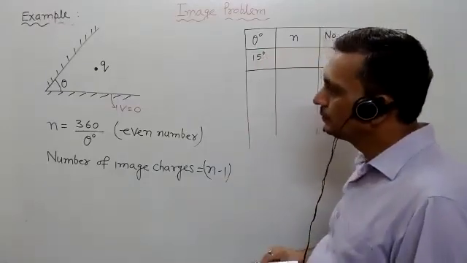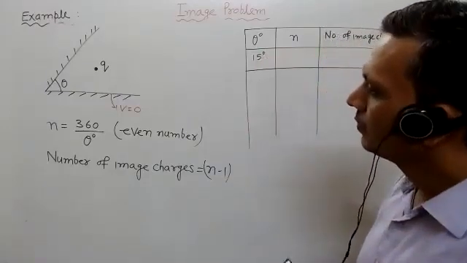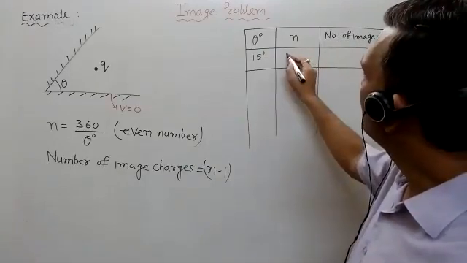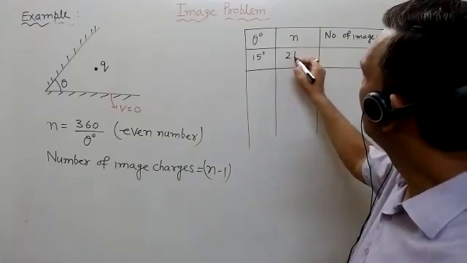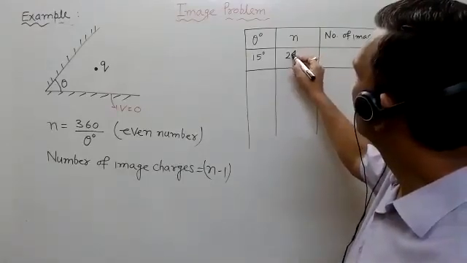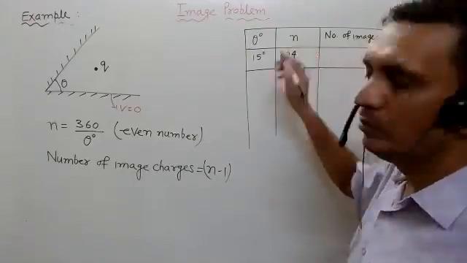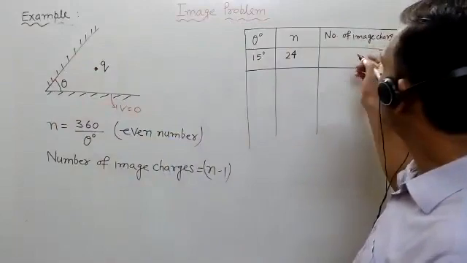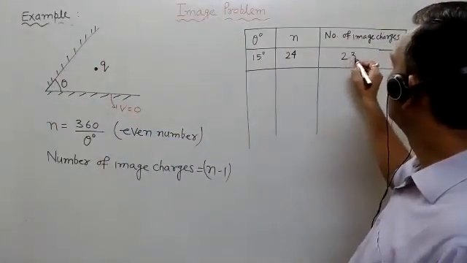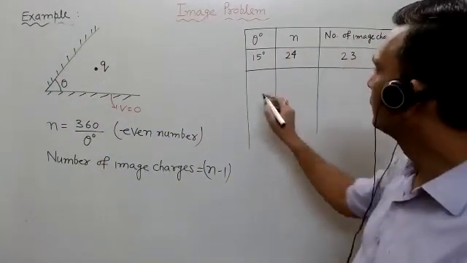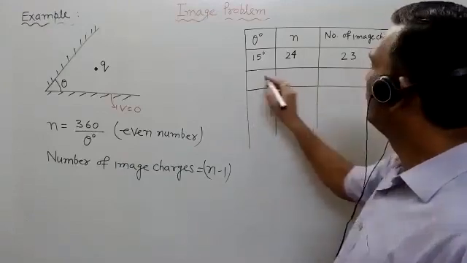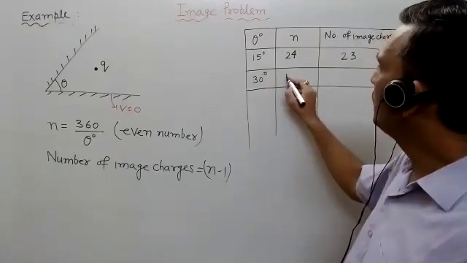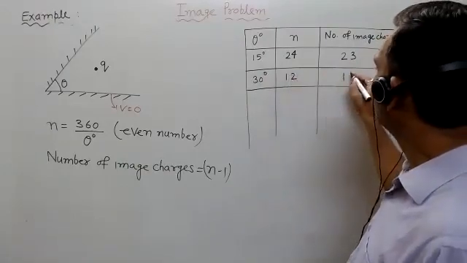What will be n? n is 24. So n is an even number. When this angle is 15 degree, how many image charges will develop? 23. When this is 30 degree, n will be 12. How many image charges will develop? 11.